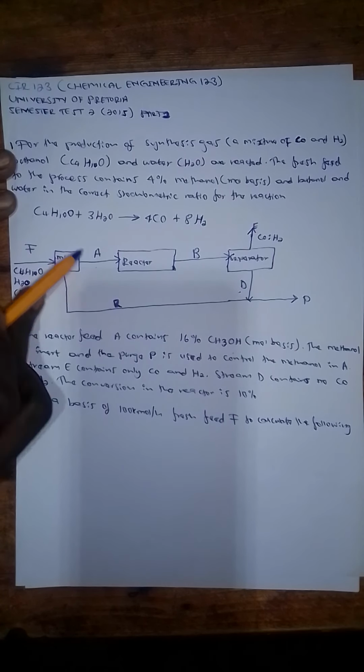It's easier here because we already know F, and we have some details of A. Let me write down the total mole balance at the mixer.